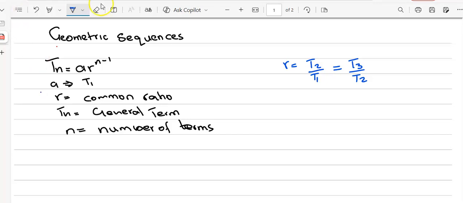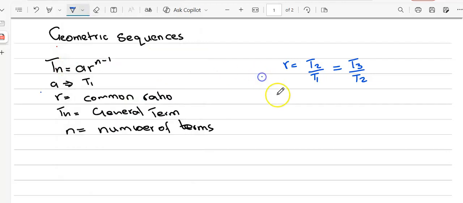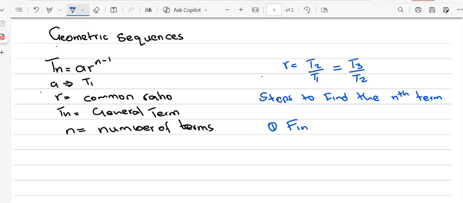Okay, so now there are steps that we're going to use to find the general term, which we call the nth term. Step number 1, very important, is to find the common ratio.